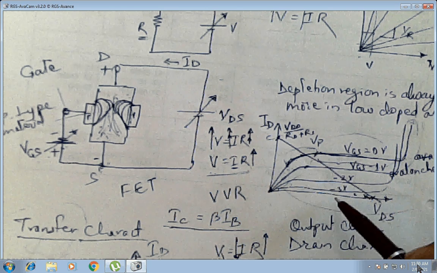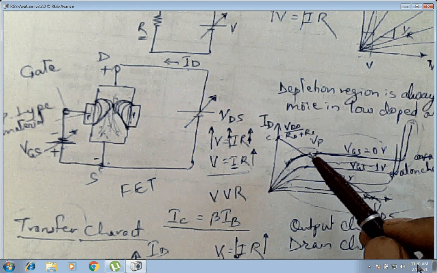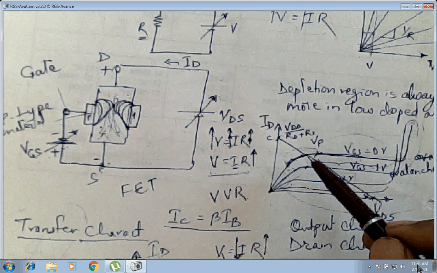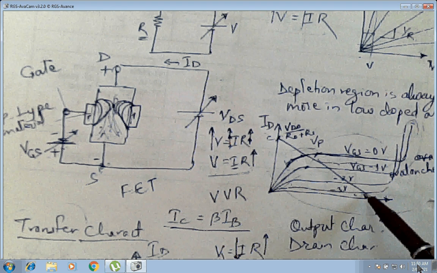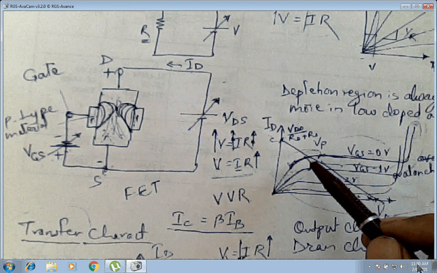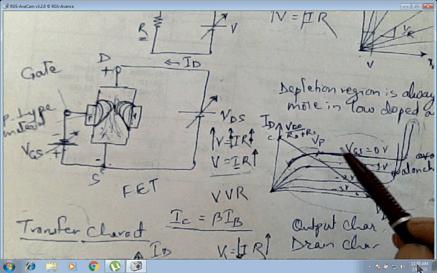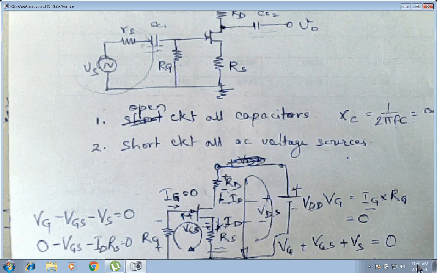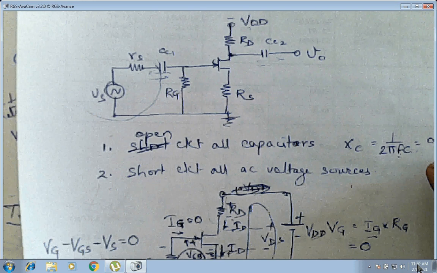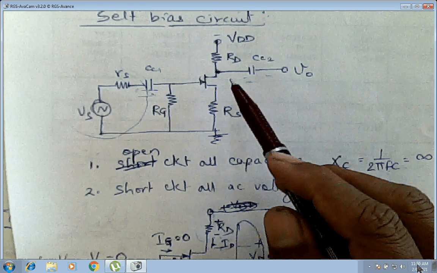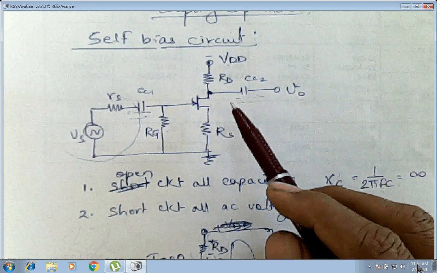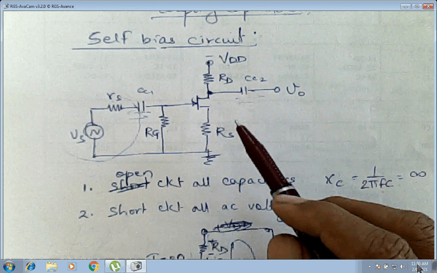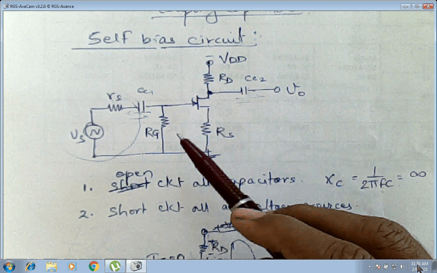Take any VDS, your ID value will be from this point to this point only. There will be no other ID value. From this circuit we can say that VDD is fixed, RD is fixed, RS is fixed, because once you make a circuit, these values will be fixed.